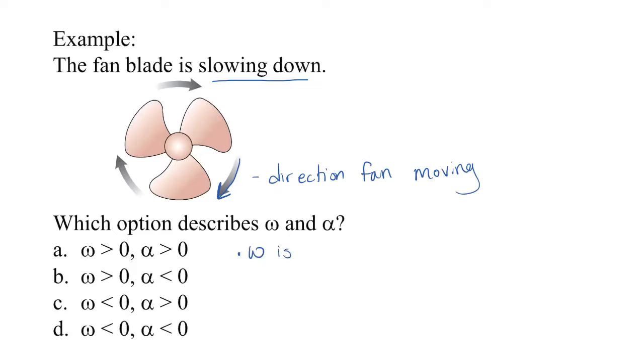And omega is going clockwise, which means it should be negative. All right, so we already know A and B are both out because they have omega as positive, which we know is not true. Okay, so we know it must be C or D where omega is less than 0 and it's slowing down. So that means that omega and alpha should have opposite signs.